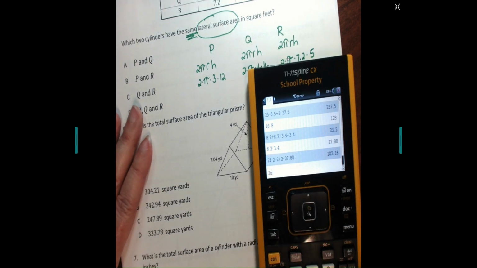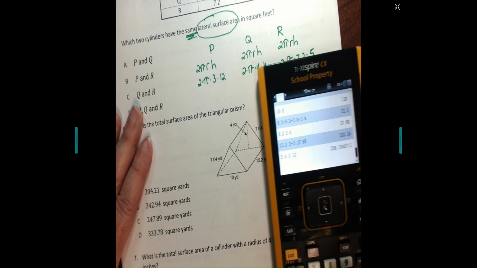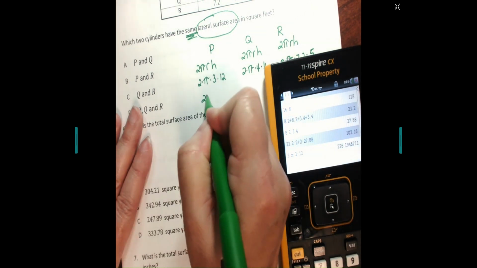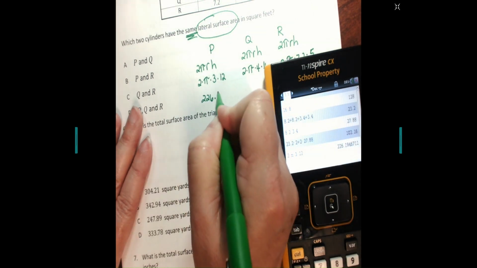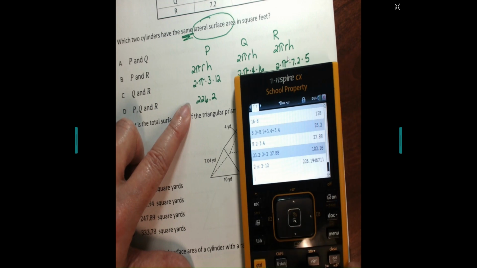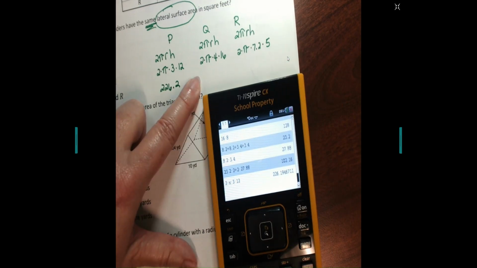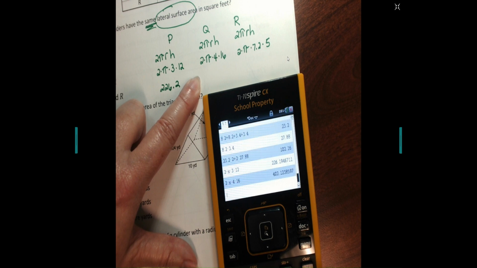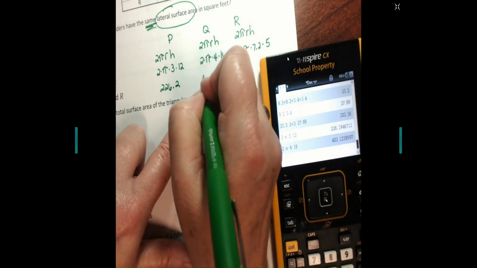2 times pi times 3 times 12. That is 226, I'm just going to say 0.2. All right, let's do 2 times pi times 4 times 16. I get 402.1.